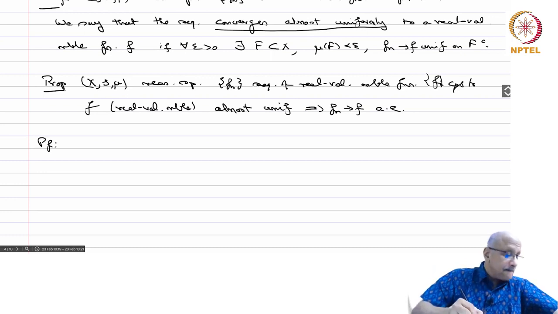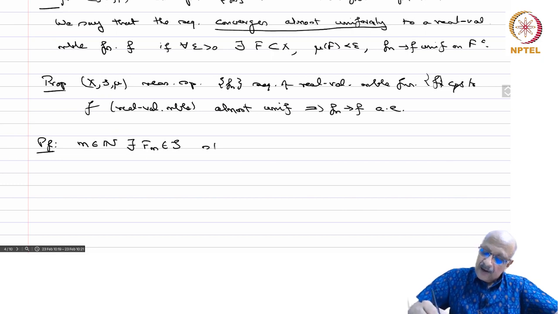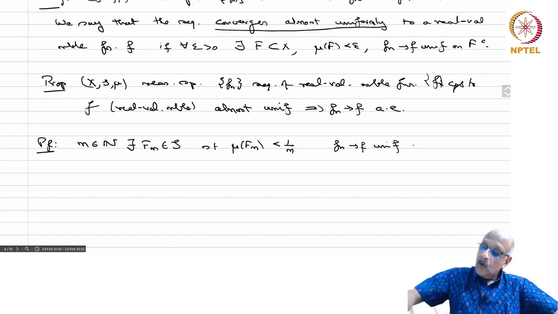Proof. So let m be an arbitrary positive integer. You choose F_m in S such that mu of F_m is less than any number you like, 1 by m, and f_n converges to f uniformly on F_m complement.